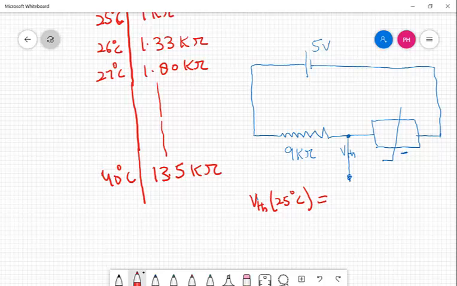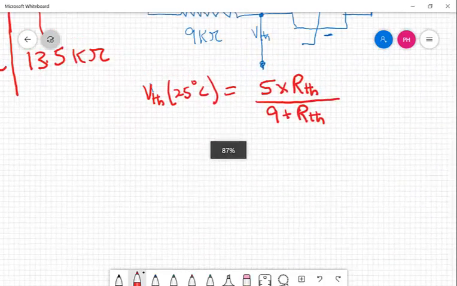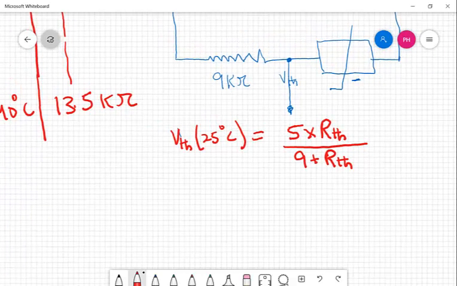VTH will always be equal to this formula: the total voltage across these two resistors, 5, times the resistance of the thermistor, which constantly changes with temperature, divided by the total resistance, 9 plus RTH.